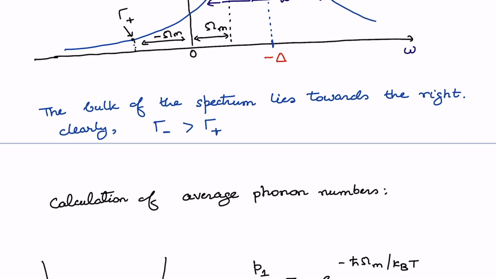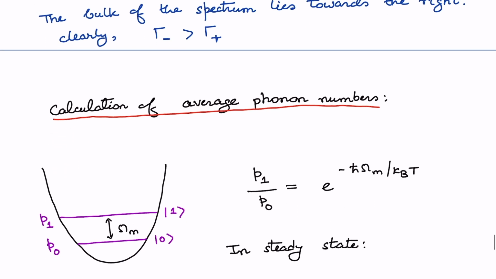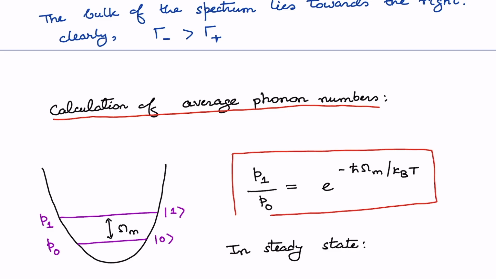Then you can also go on to calculate the average phonon number. To calculate it, you can utilize the so-called Boltzmann formula. The Boltzmann formula gives the ratio of the probability of finding the phonon in the one phonon state and the ground state. They are related by this expression.